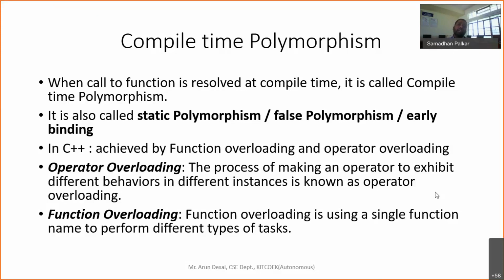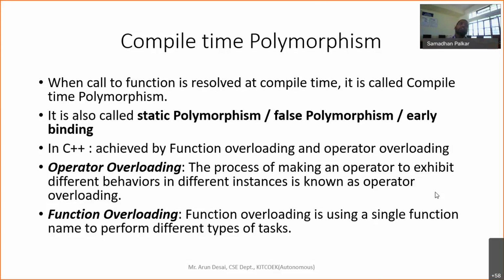By operator overloading or function overloading. Operator overloading is the process of making an operator execute a different behavior in different instances, so you assign a different task to that operator.